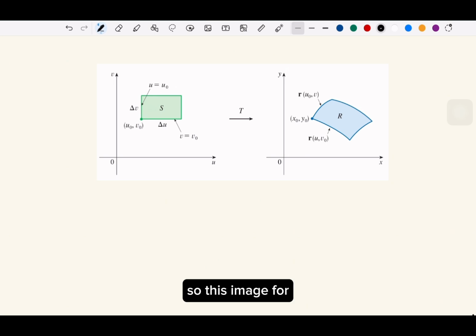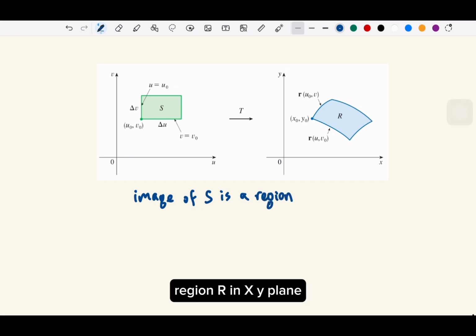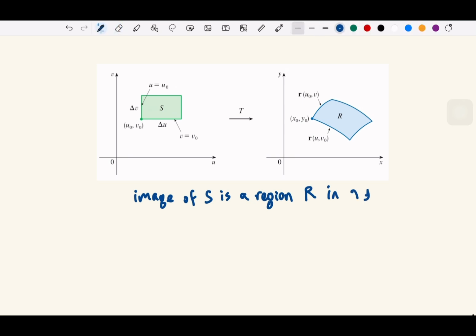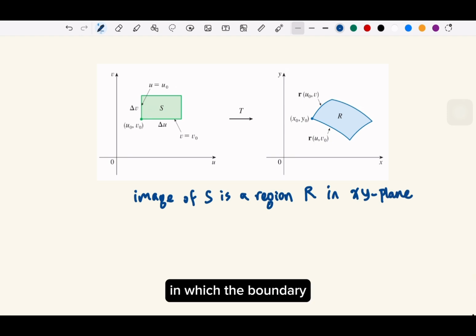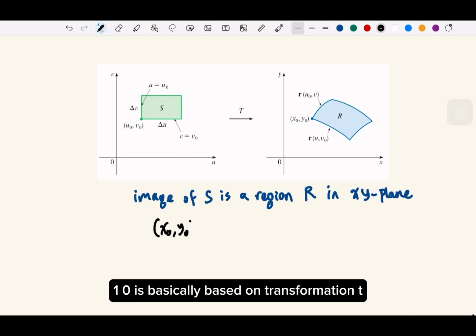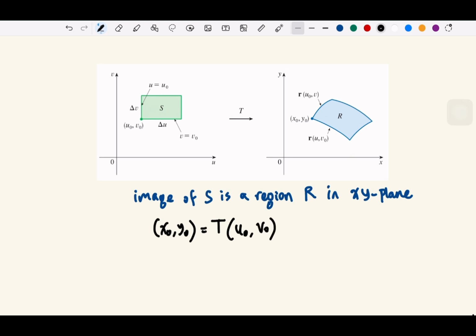So let me write: the image of S is a region R in the XY plane, in which the boundary point x0, y0 is based on the transformation T of u0, phi0.